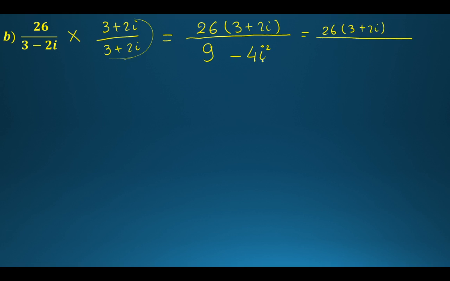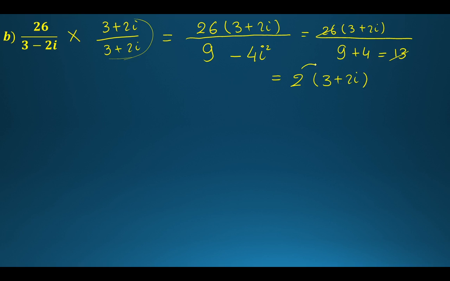Negative 4 multiplied by negative 1 equals positive 4. So we have 9 plus 4, which equals 13. So you can cancel 26 divided by 13, which equals 2, and 3 plus 2i is left over.